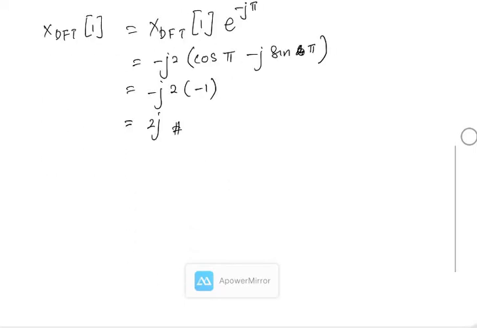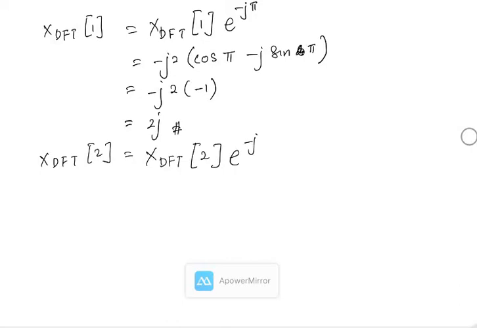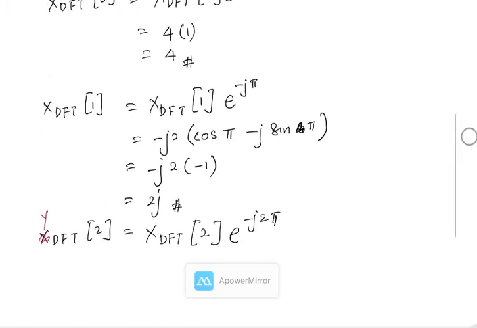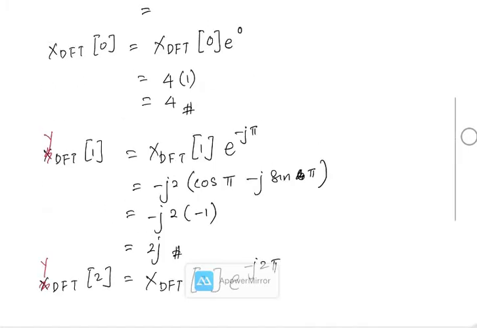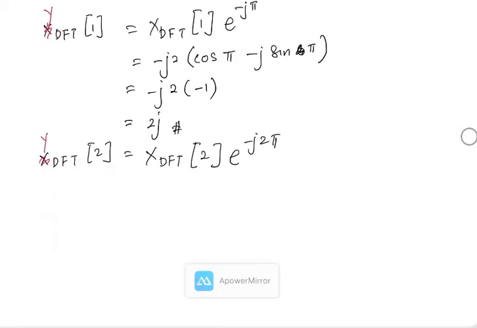And then for the next one, I shouldn't write X DFT. It should be the Y DFT. My mistake, sorry about that. This one should be Y DFT, this one also Y DFT, this one also Y DFT, because we need to find the Y DFT.